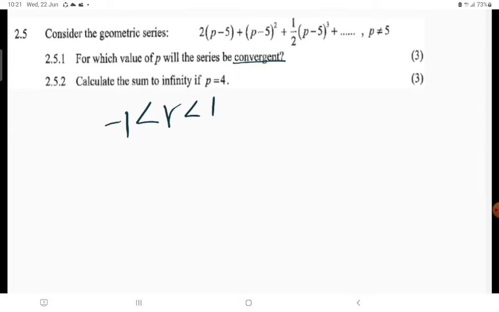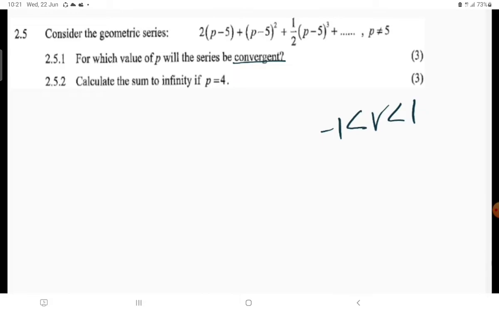Otherwise, it is going to be divergent. Now, how do we go about starting to answer this question? We need to first find the value of r, because for convergence we need to follow this condition.